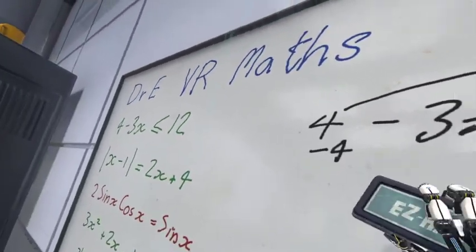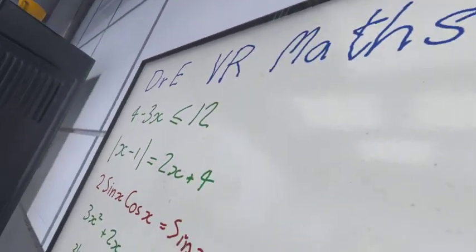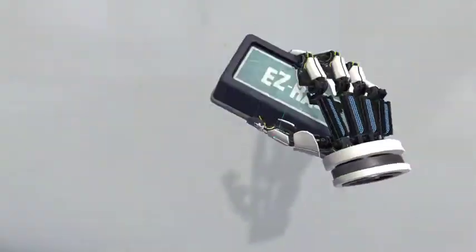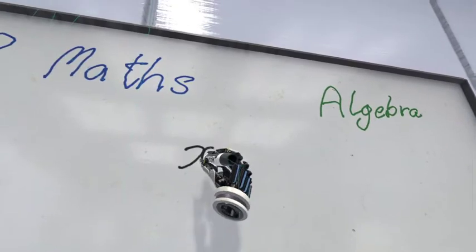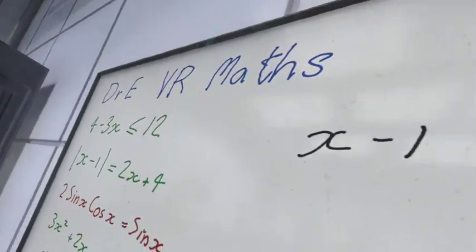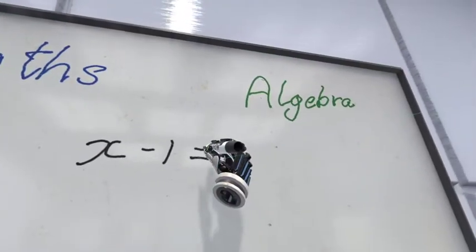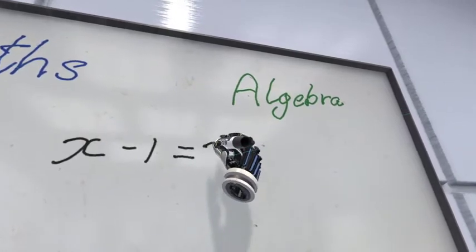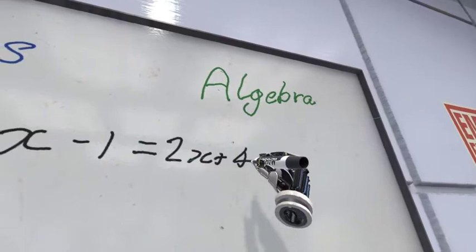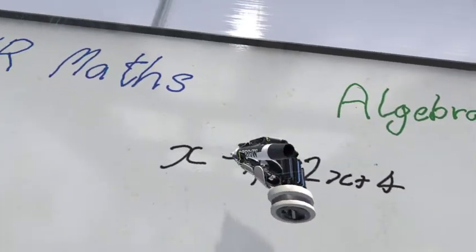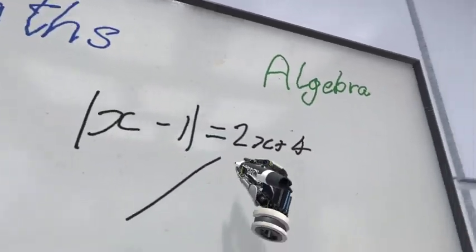Let's look at the second one. So the second one is absolute value. And if you're doing an absolute value question, you should do two lots. So 2x plus 4. When I do it, I usually go one way, two way.